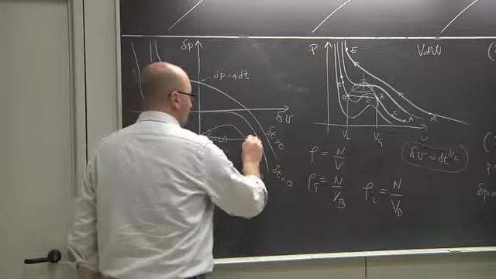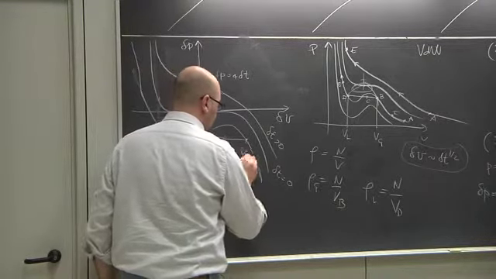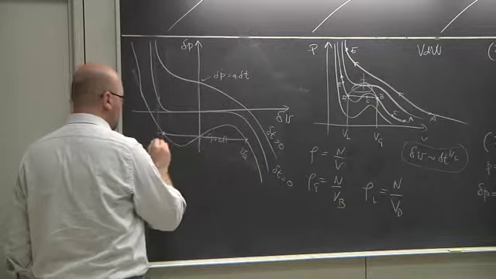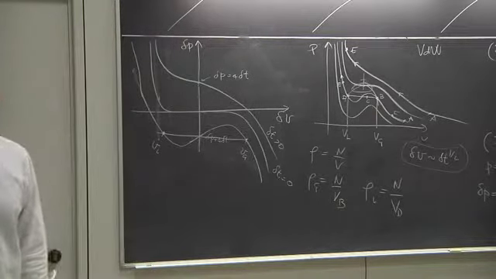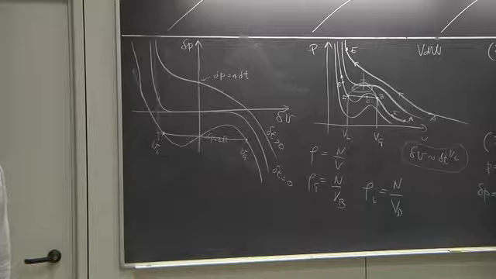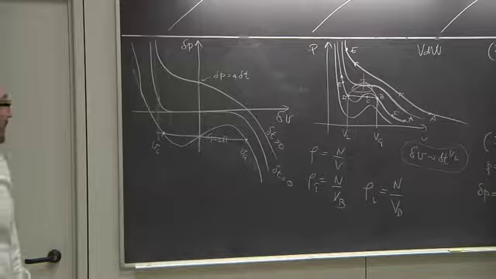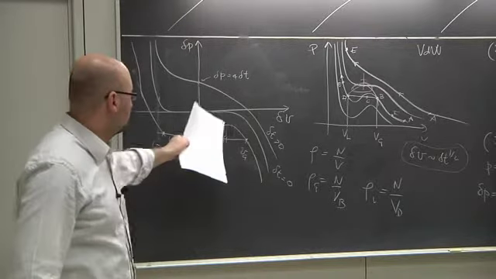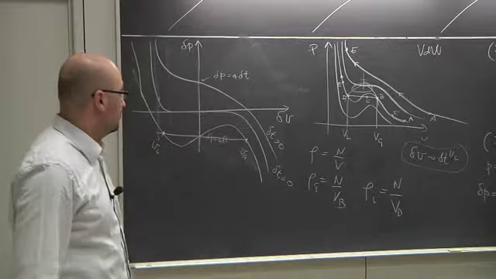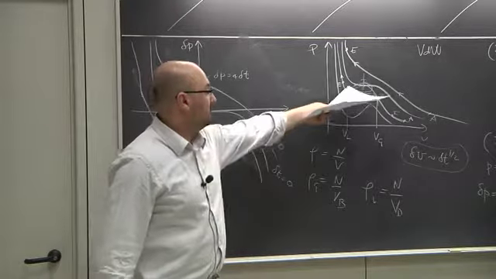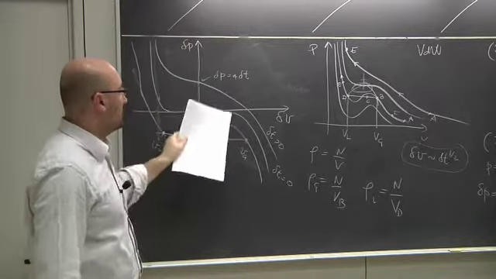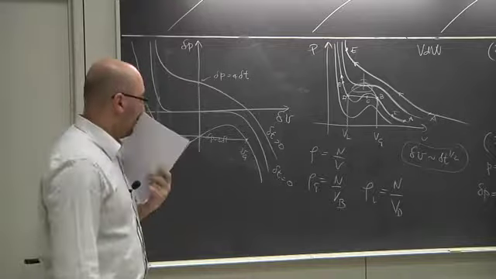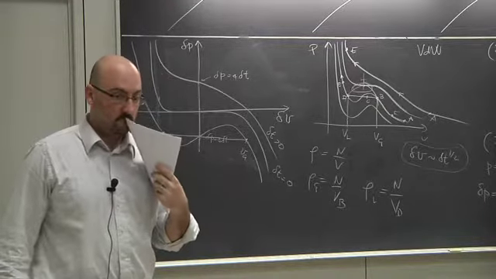So I want to find now the reduced volume of the gas and the reduced volume of the liquid. If we take the first curve, for dt greater than 0, there is no Maxwell construction.